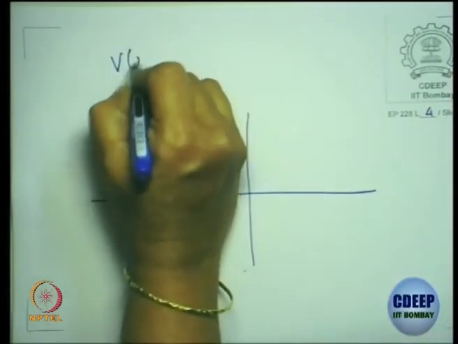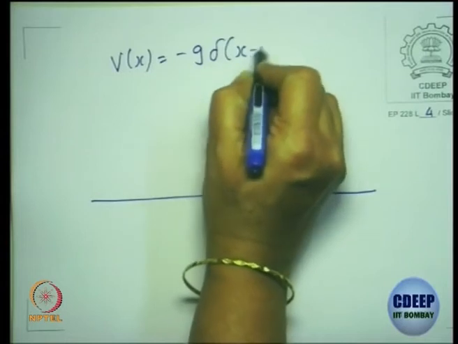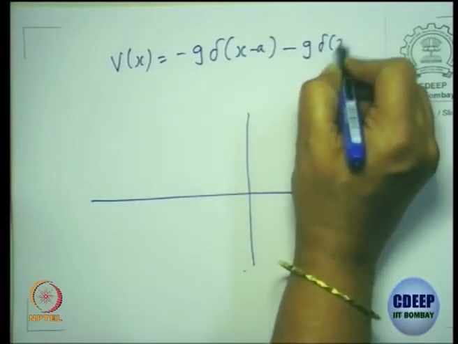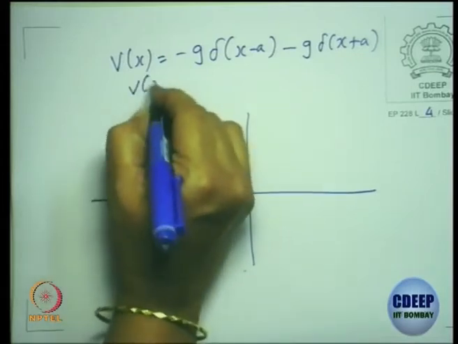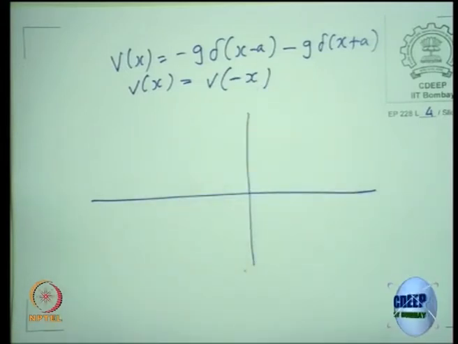So you have this potential V of x is minus g delta of x minus a minus g delta of x plus a. So g is positive, and what is the property of this potential? Does this satisfy V of x equal to V of minus x? Satisfies.